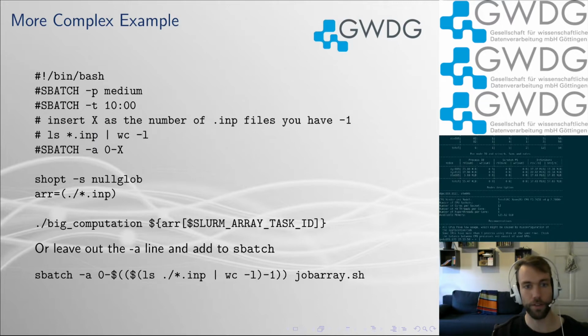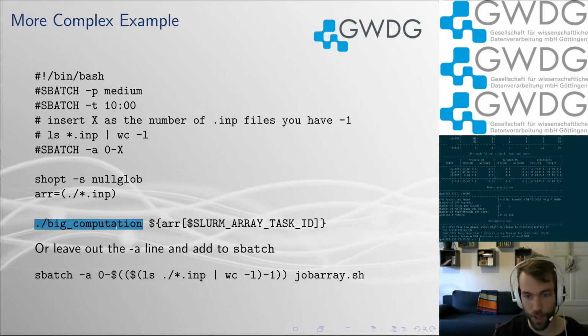Then you can say, okay, I want all the files that end in input. I count them first, with ls dash, and I count how many there are. I will give that many array tasks, and this creates a bash array. And then you could say, okay, something like that.